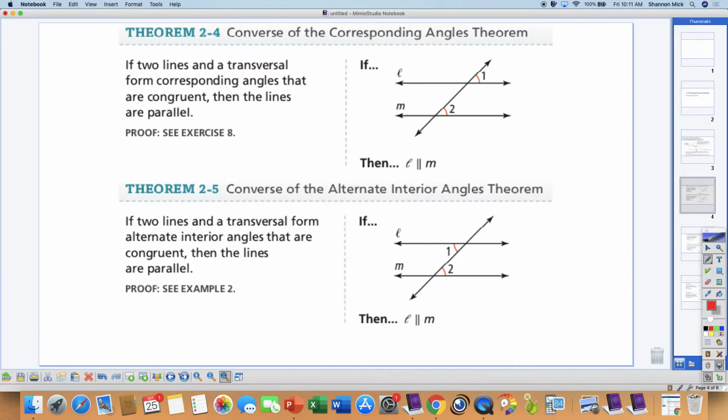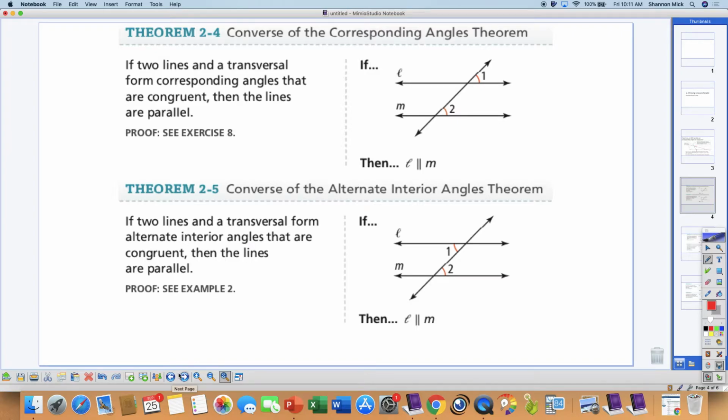So that's kind of what we're doing today. The first one says the converse of the corresponding angles theorem. Converse means the opposite direction. We said before, if two lines are parallel, corresponding angles are congruent. So the converse says if corresponding angles are congruent, the two lines are what?